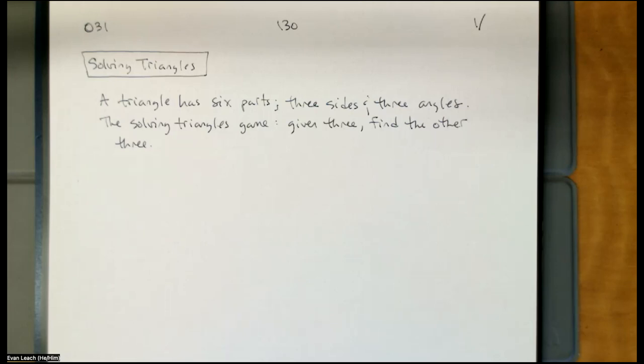That's the sum total of the solving triangles game. There are 6 parts. If I tell you 3 of them, you can find the other 3.